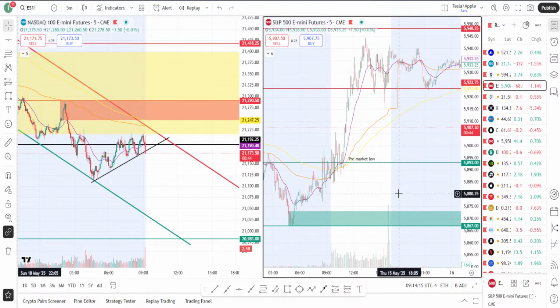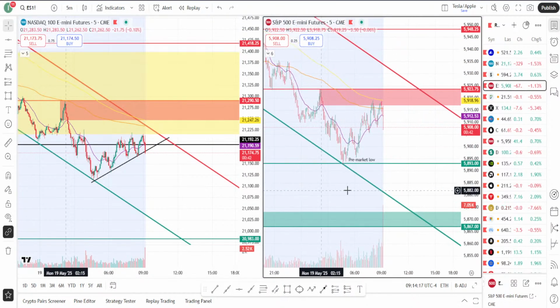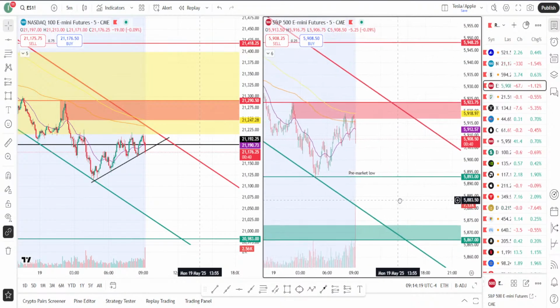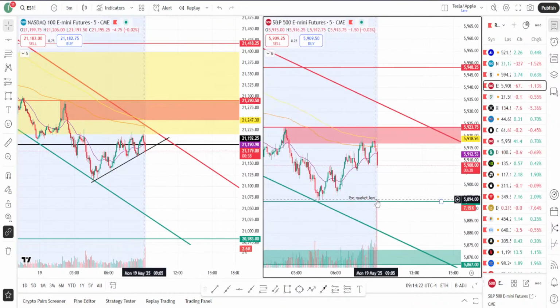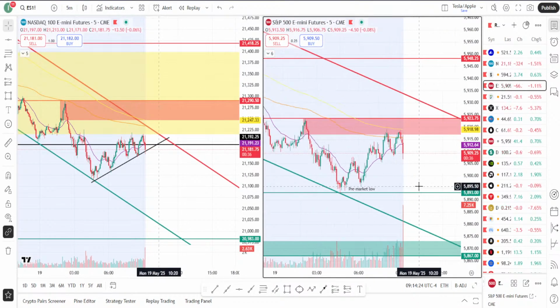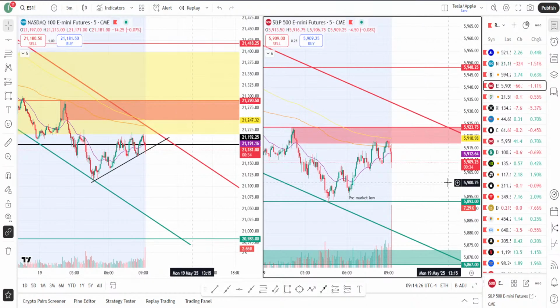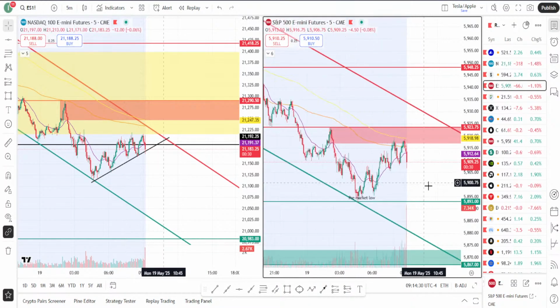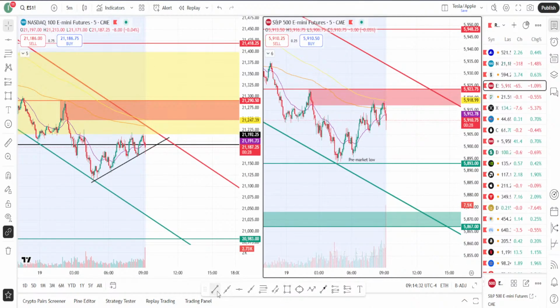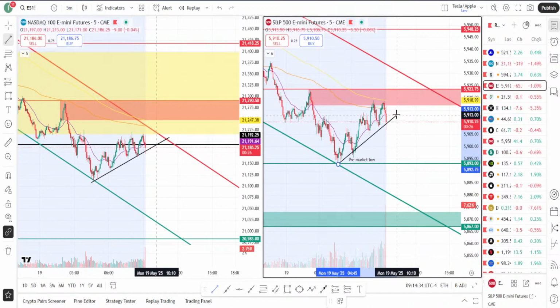There you have it. Not bad, not bad. Pretty easy chart for today. NQ and ES are pretty similar here. We have this uptrend.